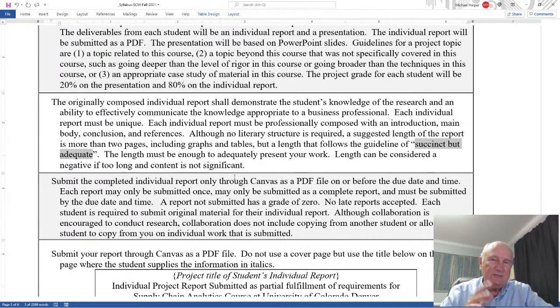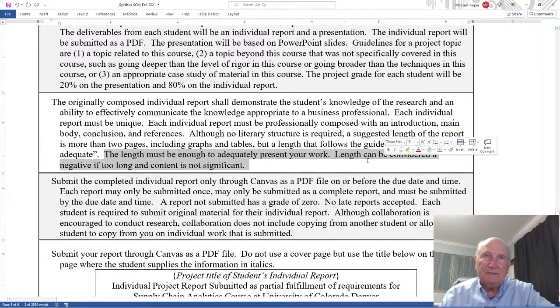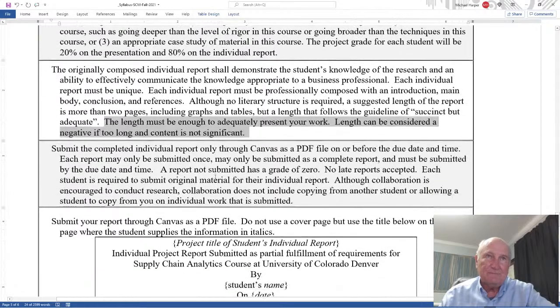Don't give me 3 words. That's not adequate. Don't give me 10 pages. That's probably too long. Say what you need to say and move on. That's business communication. The length must be enough to adequately present your work. Length can be considered negative if it is too long and the content is not significant.